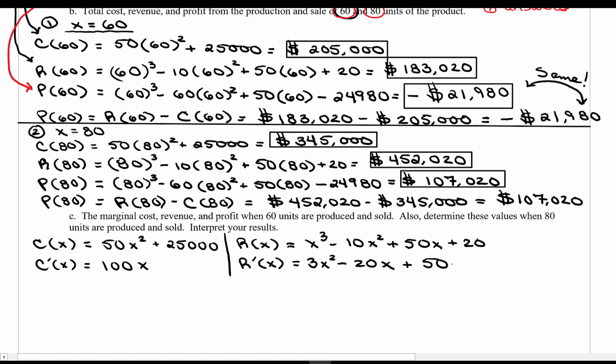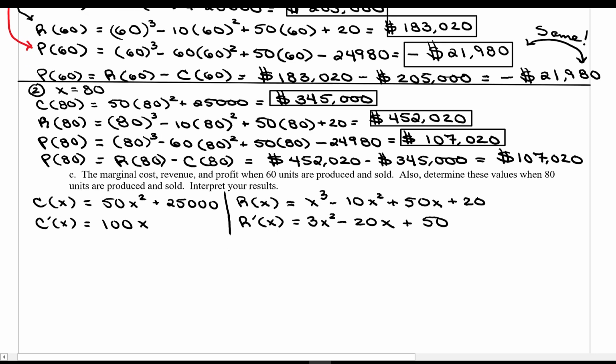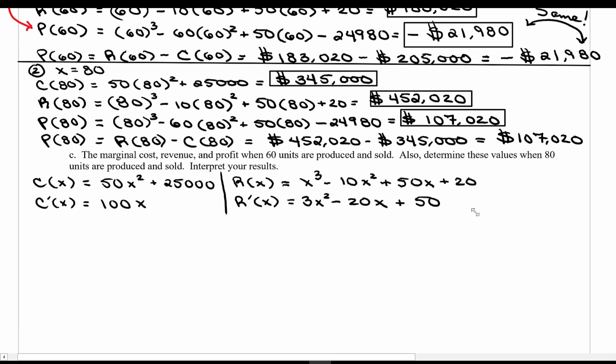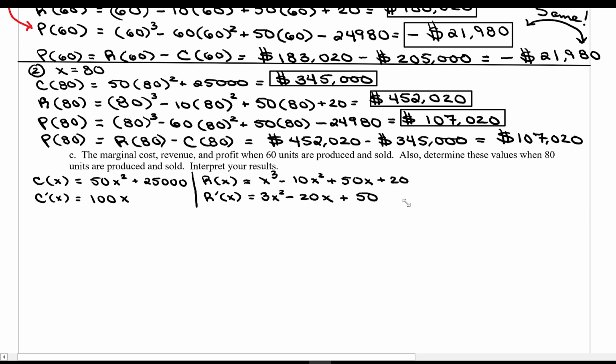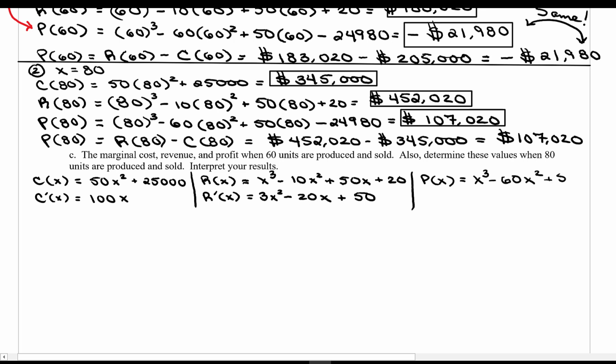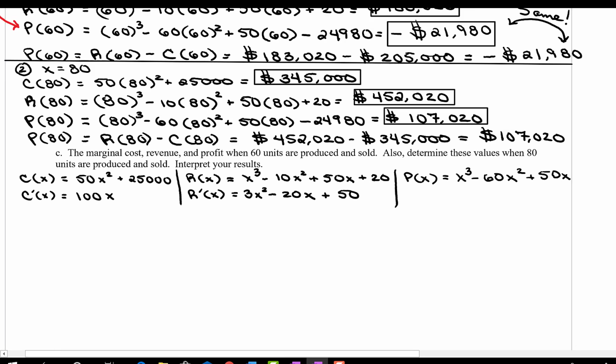Now I need to find my marginal profit function. So I'm going to shrink the work that I've done a little bit towards the left-hand side so I have more space on the right. I drew a vertical line segment to separate the work from R of x and R prime of x from P of x and P prime of x. On the right-hand side of the vertical line segment, I'm going to write P of x. P of x equals x cubed minus 60x squared plus 50x minus 24,980.